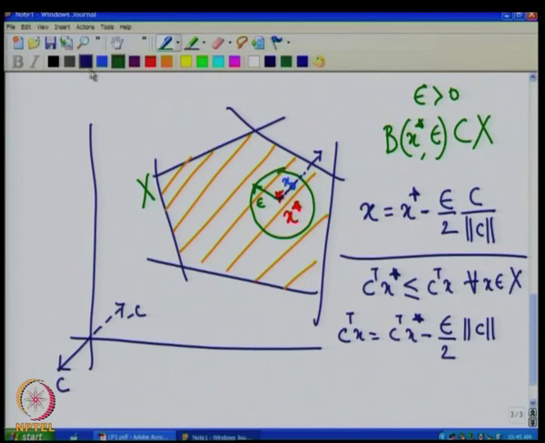So, therefore, C transpose X will be strictly less than C transpose X star. So, there exists a point X in the set X such that C transpose X is less than C transpose X star, and this contradicts the assumption that X star is a minimum, because if X star had been the minimum, C transpose X star would have been less than or equal to C transpose X. We get the contradiction, and therefore, X star cannot lie in the interior of the set X. So, it has to lie on the boundary of the set X.